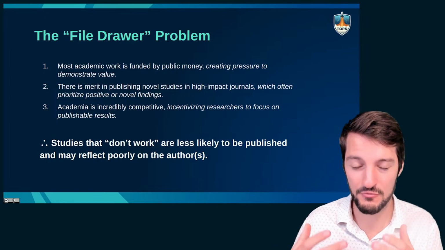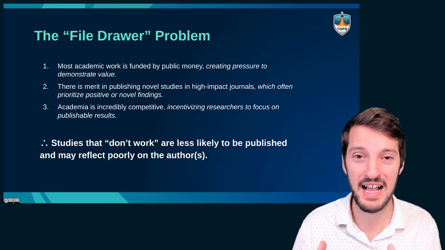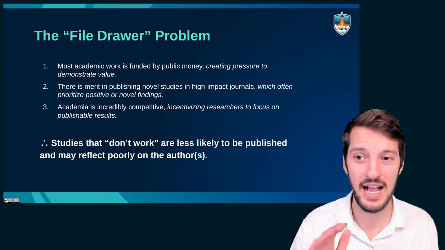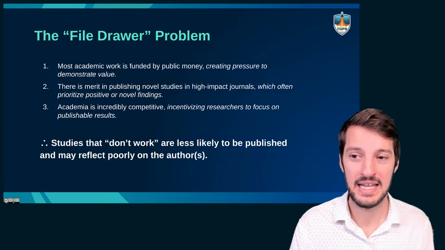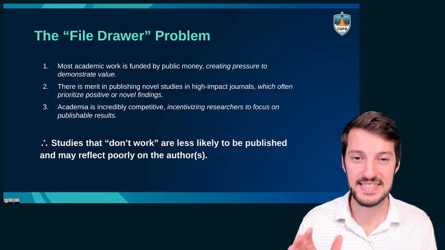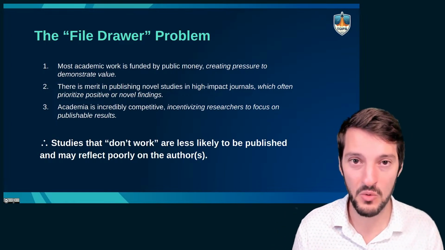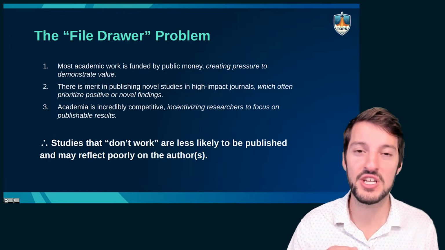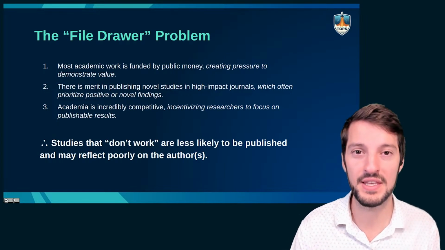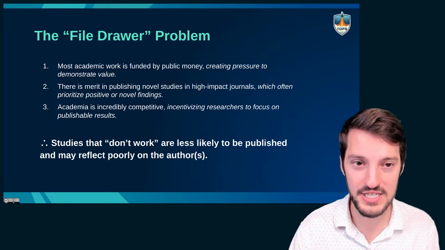You're rewarded for engaging in this high risk, potentially high reward behavior. And what we want to do with open science is not just say, well, you need to change how you work, but we also need to change the deeper culture within scientific or academic research.